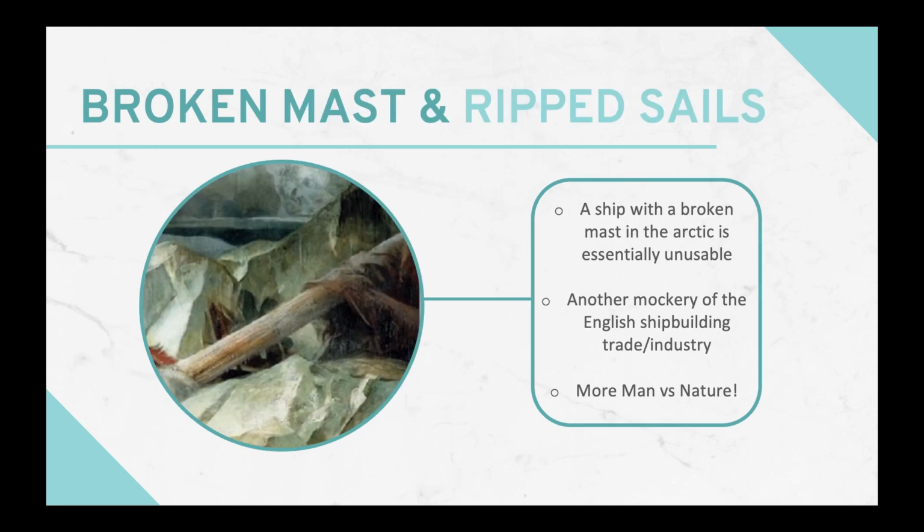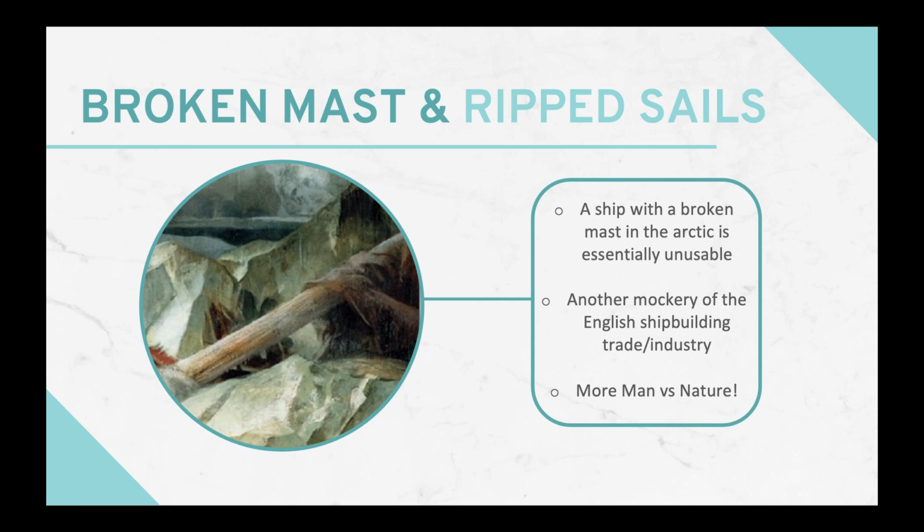By depicting parts of a ship, and not just any ship, the Erebus and Terror were bombers, warships, as broken and disfigured, was to make a mockery of the British shipping industry. The industry employed thousands of craftspeople directly and indirectly supported logging, port cities, and the livelihoods of millions of people.